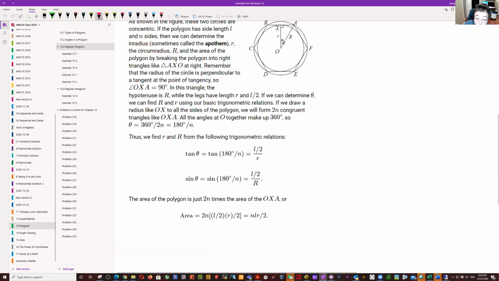So tangent theta is equal to 1/2 of the side length over the apothem, and sine theta is equal to 1/2 of the side length over the circumradius.